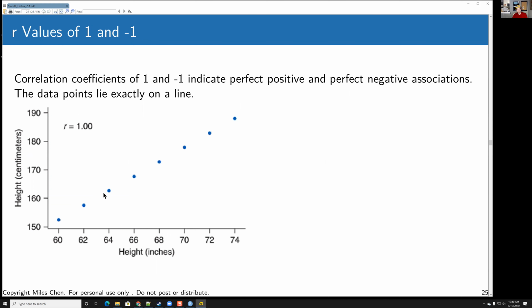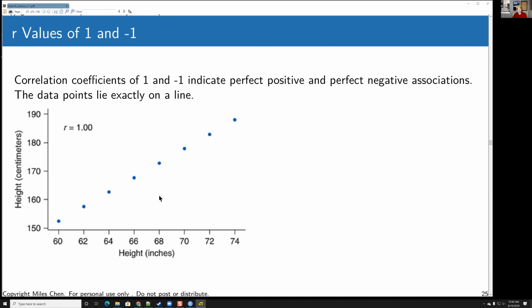This one is positive 1.0 because the relationship is positive. If the dots went in the other direction, you would have a negative relationship. And this means if you knew one variable, you could predict the other variable perfectly. So this is somebody's height in inches and their height in centimeters. If you knew somebody's height in inches, you could predict their height in centimeters perfectly.